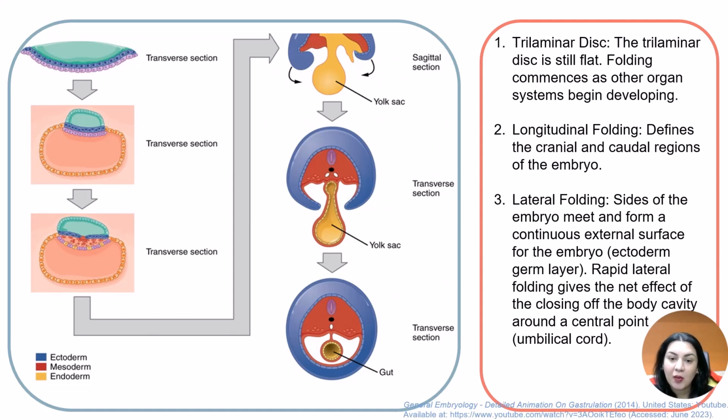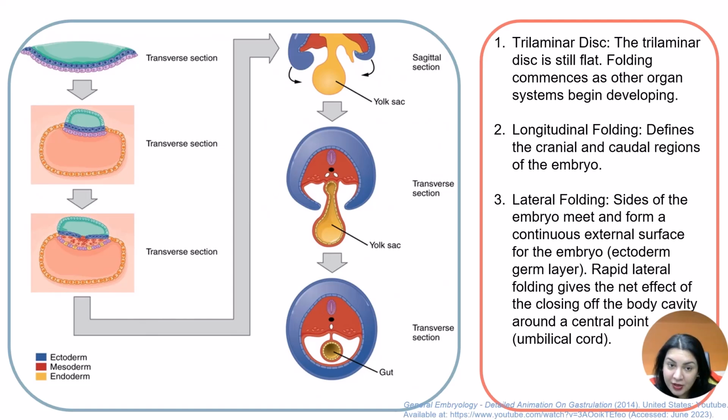Now, if we talk about what is known as the cephalocaudal, cephalo, of course, referring to the cephalic or cranial region, and caudal referring to the more inferior or leg region, so cephalocaudal or head-tail folding, that's going to bring the sides of this flat embryo together in that head-tail direction.